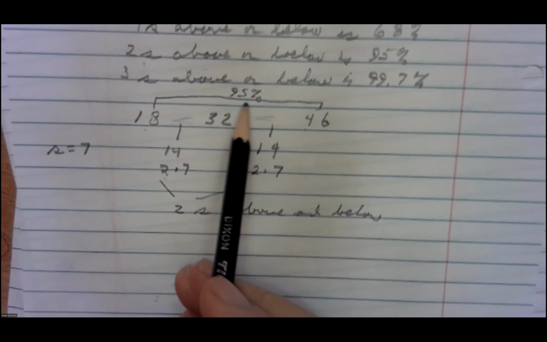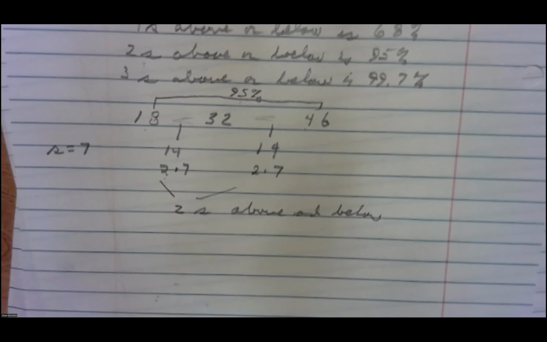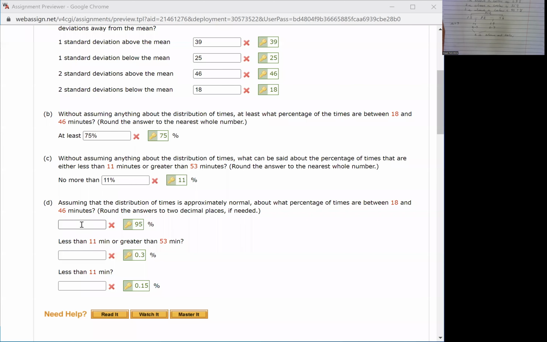Okay, 95%. So go back, we have 95%. I think we're just supposed to enter a number, really. So I think what we better do is do away with the percent. I think you'll count it wrong if we put the percent in there.